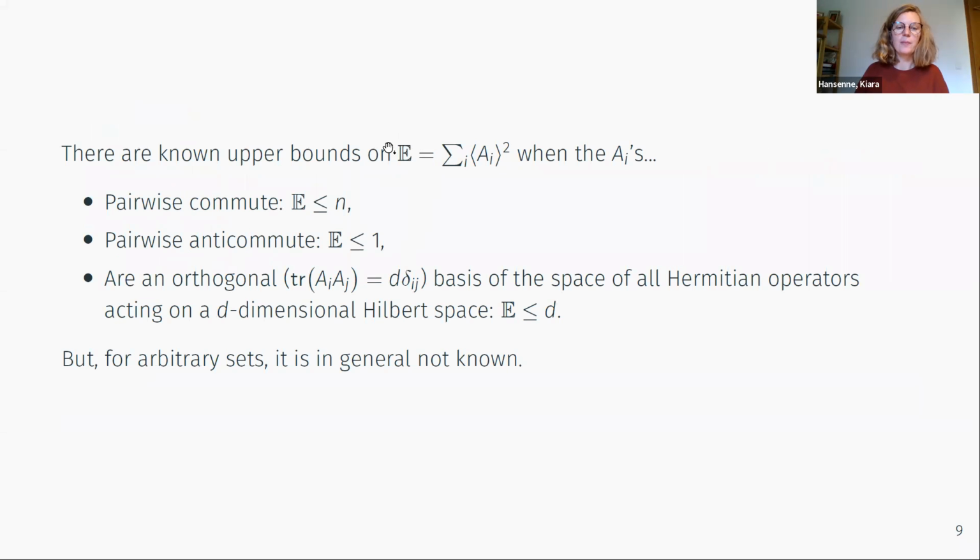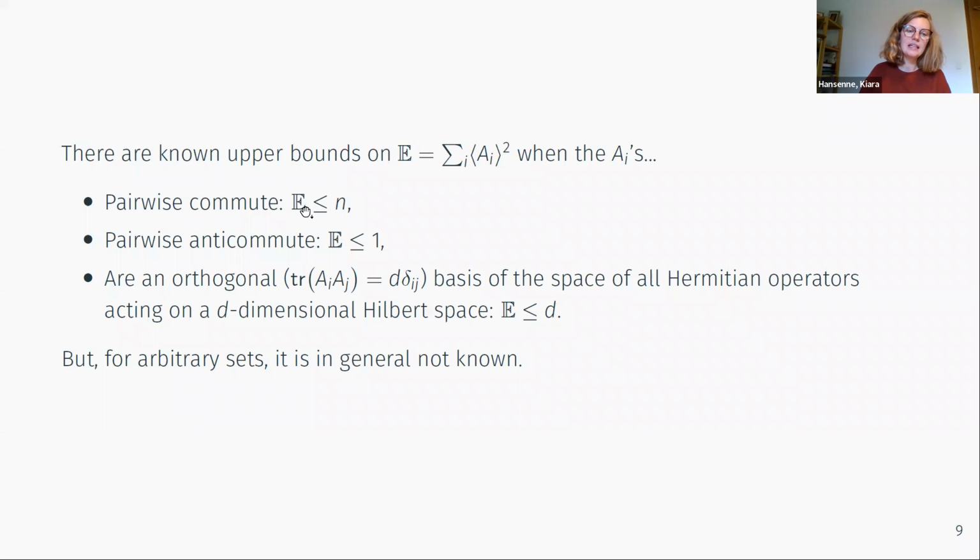Okay, so from this expression E, this has been studied before, and there are some known upper bounds for some particular cases. Here I have some examples. For instance, if we take our set of observables A_i such that they all pairwise commute, if you have n operators that all pairwise commute, they share a common eigenbasis.